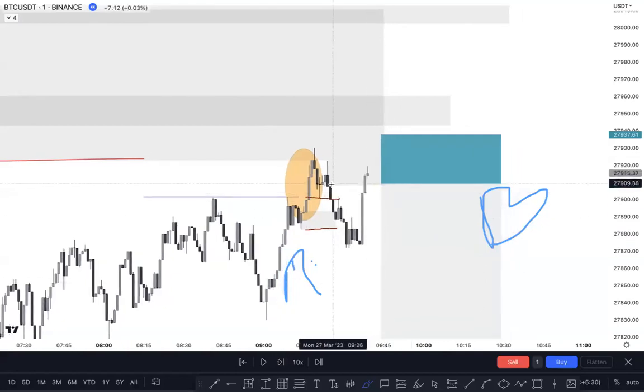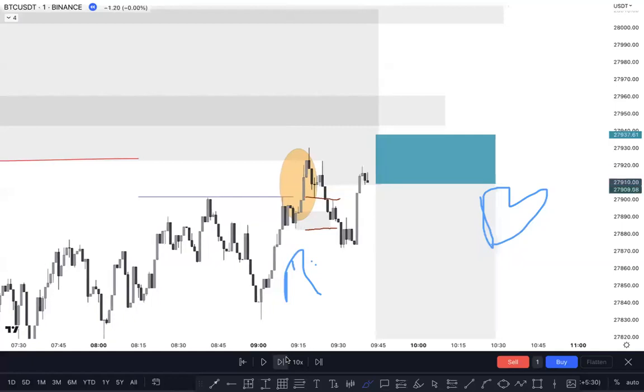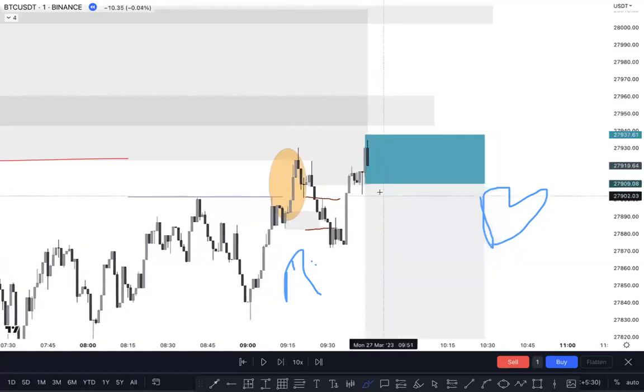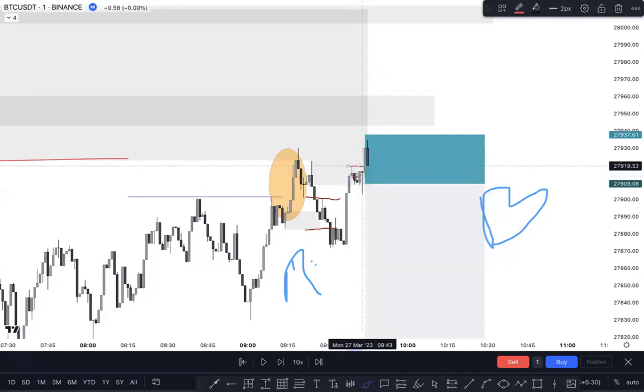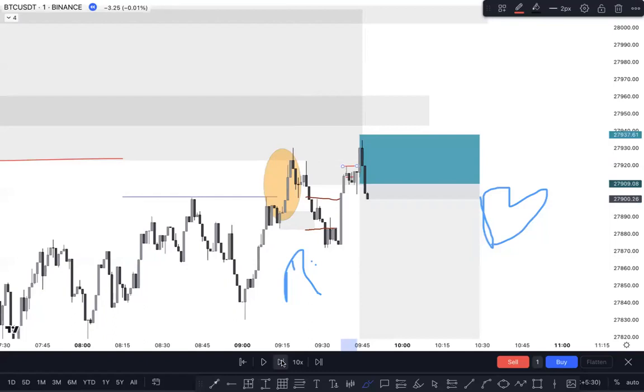Okay. There is no reaction here, right? Okay. Here you can add position. Put the stop loss just over it. Okay. Let's see.